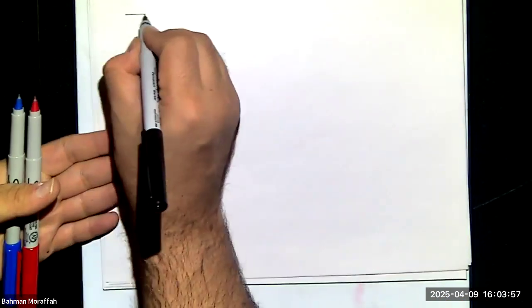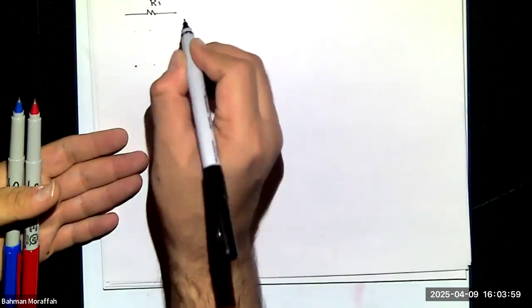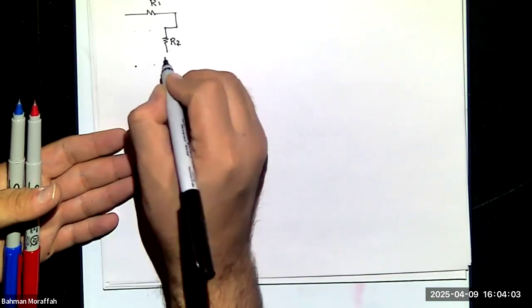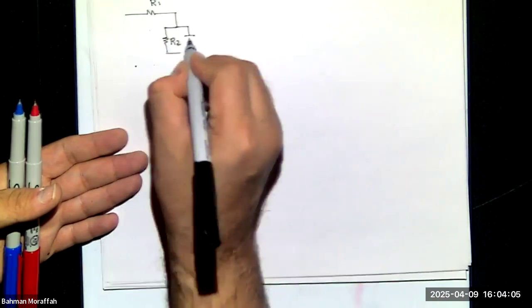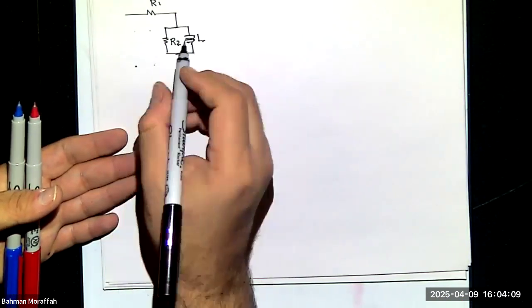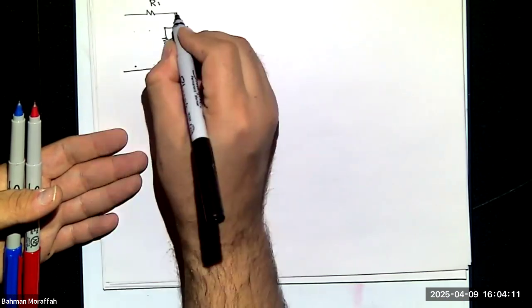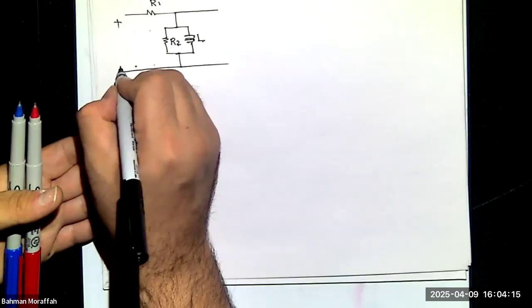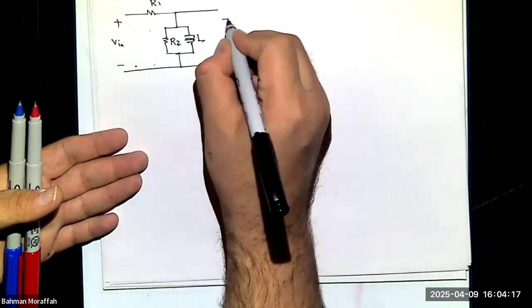So let's just say I have this R1, and then I have this R2, and then I have this inductor with value L. And this is my input, and this is my output.